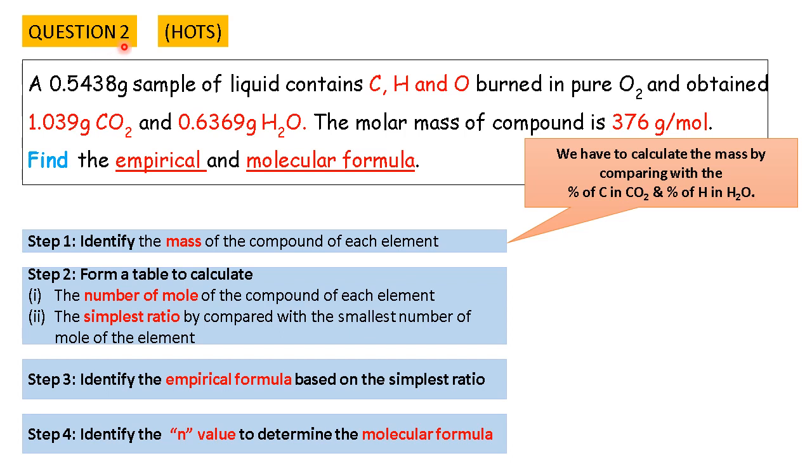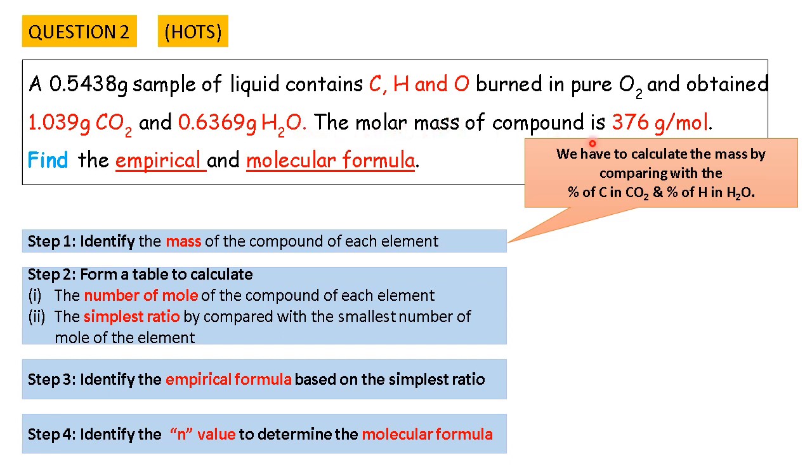Question 2. This question is more difficult compared to just now. So let's study. A 0.5438 gram sample of liquid contains carbon, hydrogen and oxygen, meaning that in this compound there are 3 different elements. Burn in pure oxygen, so it's a combustion reaction, and obtain 1.039 gram carbon dioxide and 0.6369 gram of water.